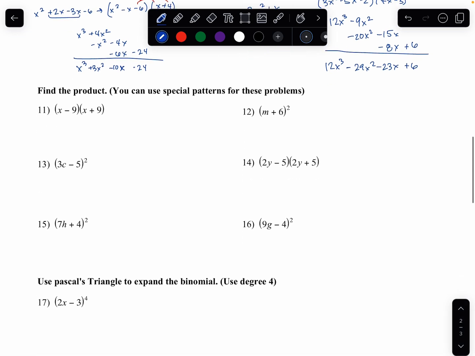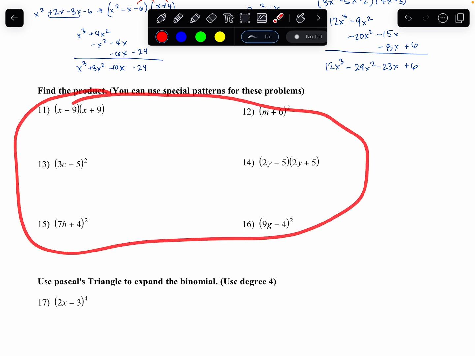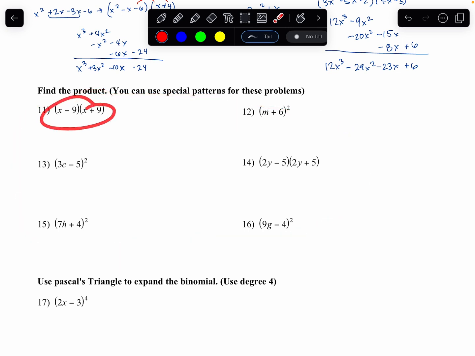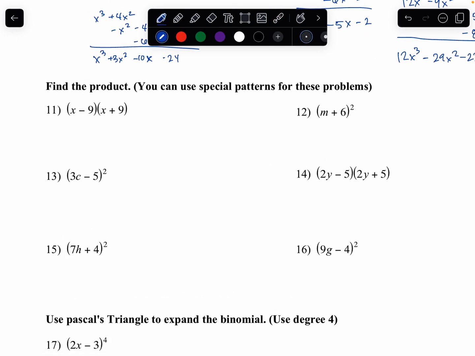Alright, for 11, so here we're also going to be multiplying, and you can multiply the long way, but if you remember the special patterns, then you can use those. The special pattern that I can use is if I have a plus b times a minus b, when I multiply those together, that's a squared minus b squared.